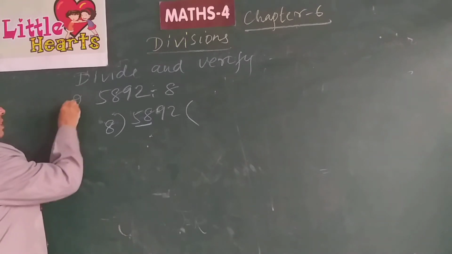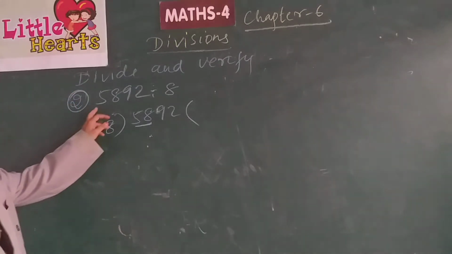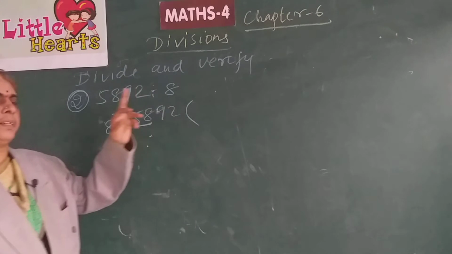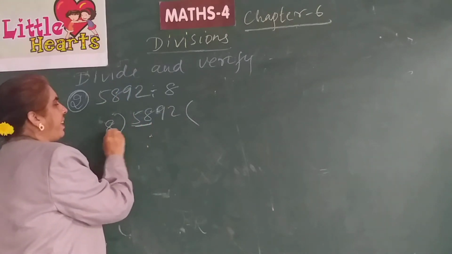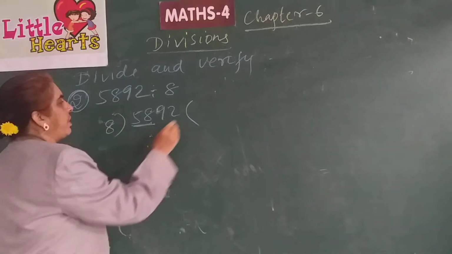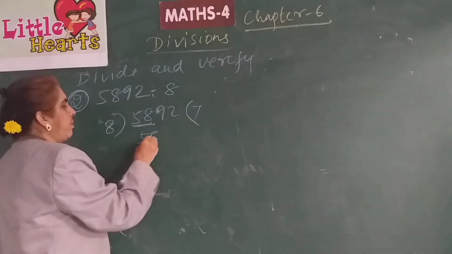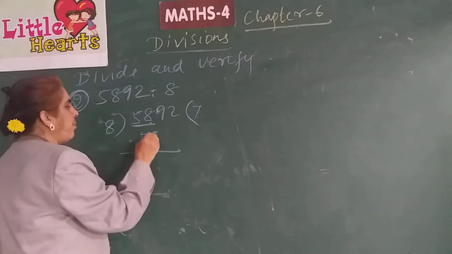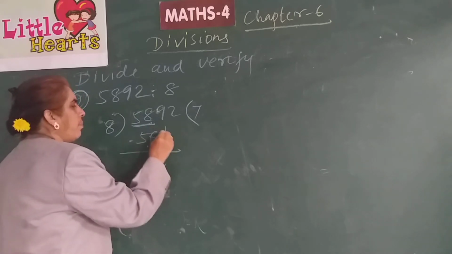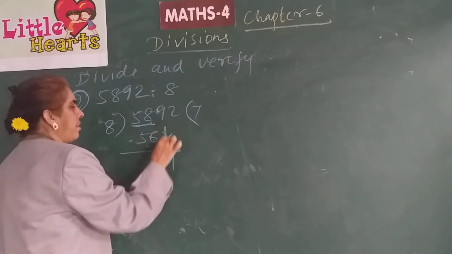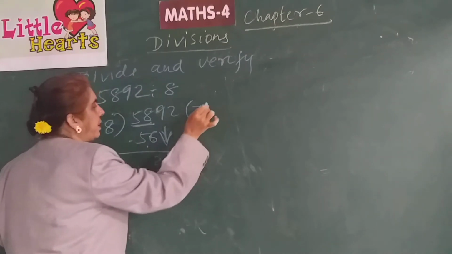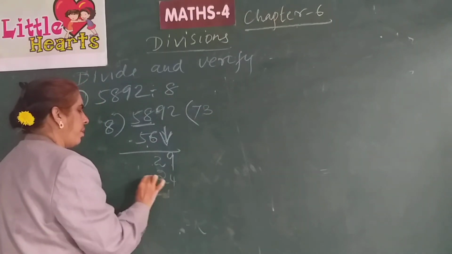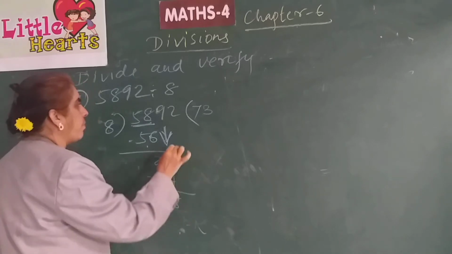Yes, children, here is another problem for you. 5892 divided by 8. As 5 is less than 8, we have to consider 2 digits, 58. 8 7s are 56. 58 minus 56 is 2. Bring down 9. Now it is 29. Read the 8 table. 8 3s are 24. 29 minus 24 is 5.